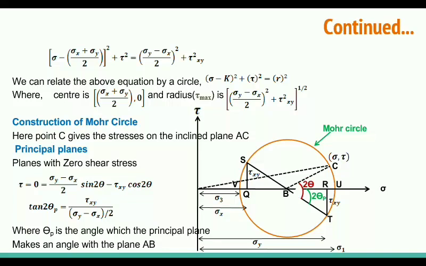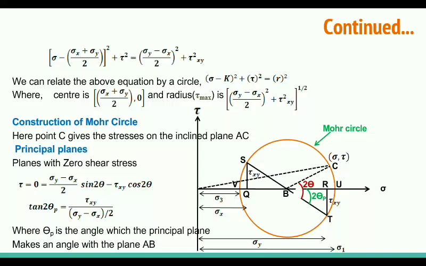So now you can tell me what the point S represents in the block, and what the point T represents. I can say this point S represents the plane BC in this block, and the point T represents the plane AB. You can just concentrate here. Why am I saying that?